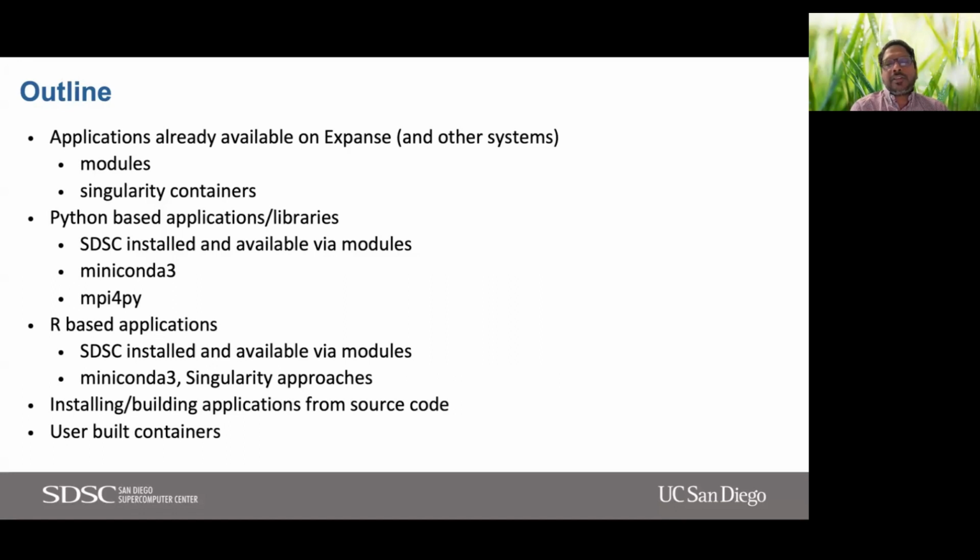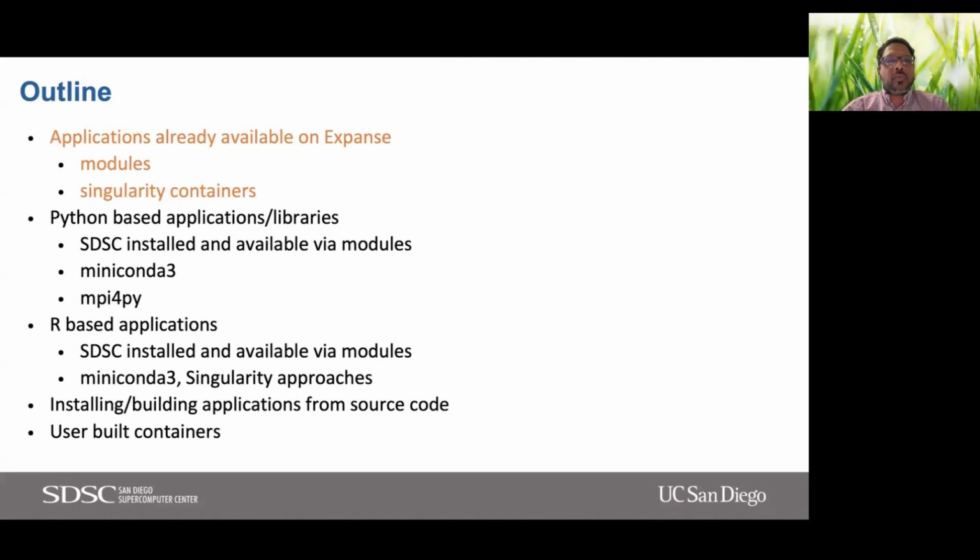This might be the case, say, if you have a community code that needs a lot of dependencies that are available on Expanse and modules, but the code itself doesn't exist on Expanse and you're building it from source, I can go over some details on how to do that. And the last thing is a note about user-built containers. I'll briefly go over how that works and how you can do that.